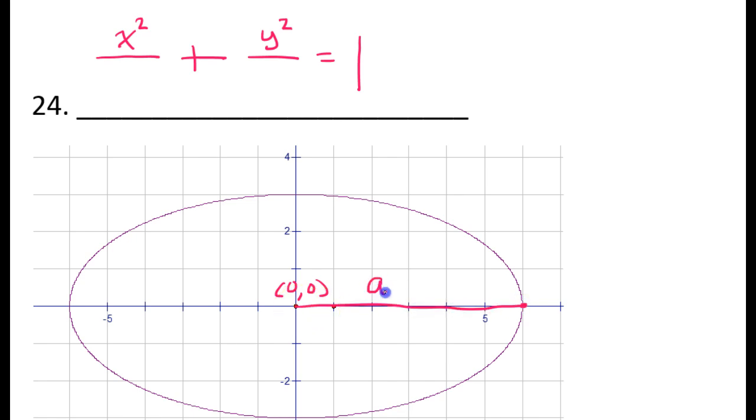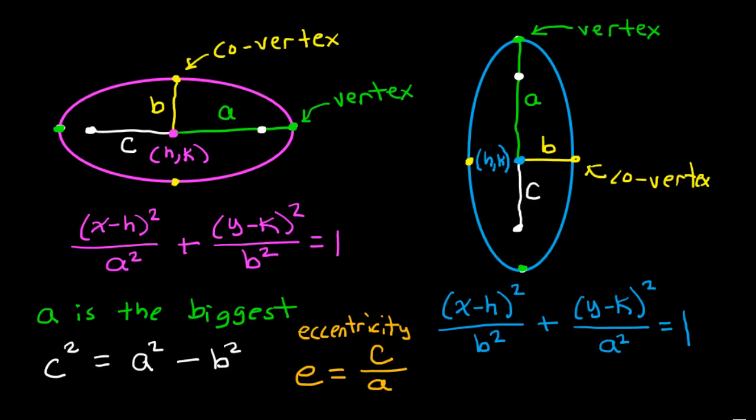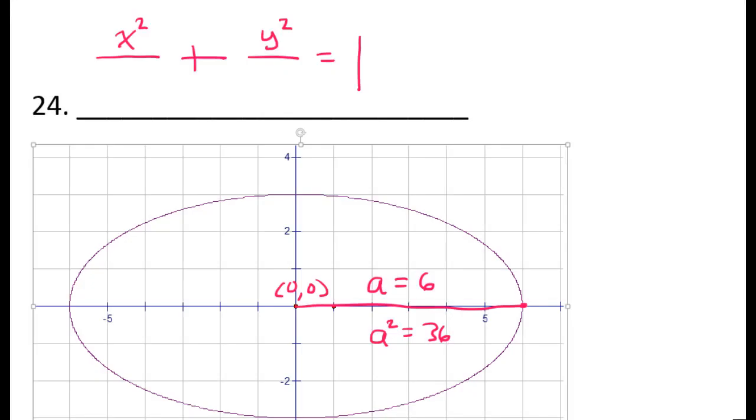So that means a is 6. That means a squared is 36. And it's a squared that we need in the denominator. Notice that a is in the horizontal direction, the x direction. So we put a squared with the x term.